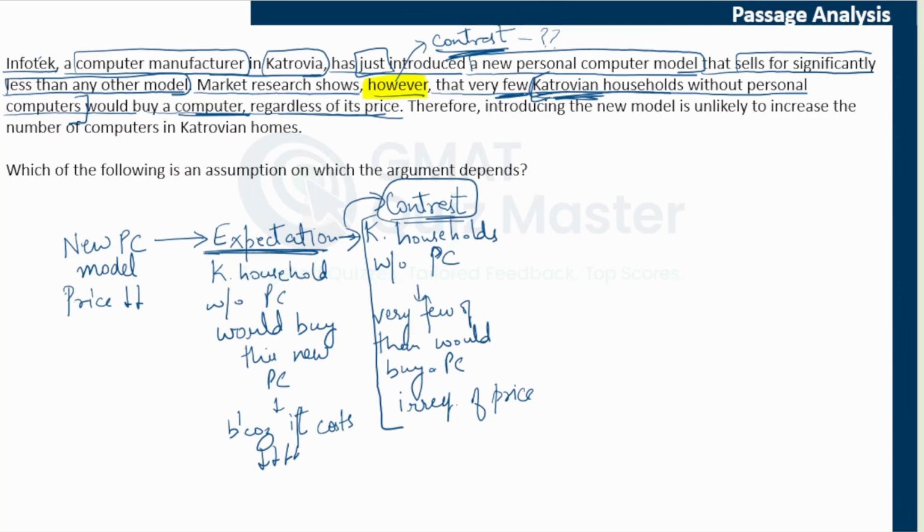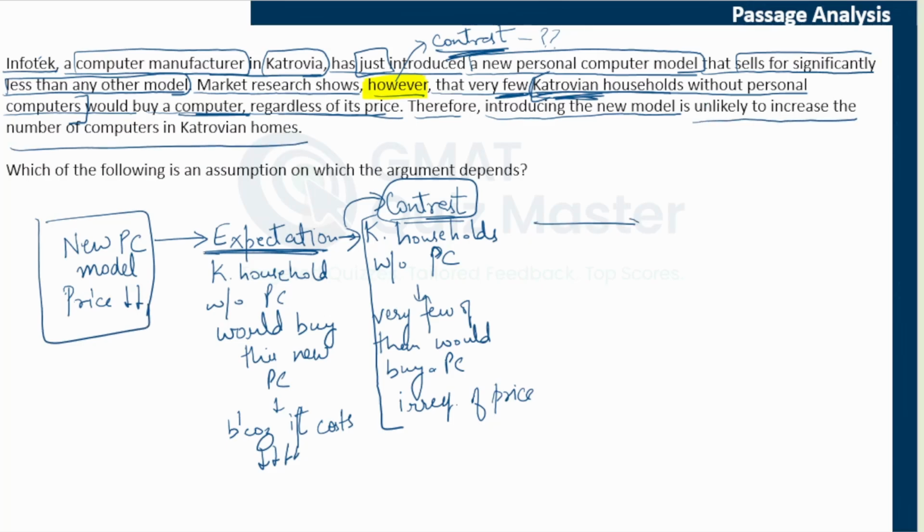All right, let's read further. Therefore, so we have our conclusion now. Introducing the new model is unlikely to increase the number of computers in Ketrovian homes. So the conclusion is that this particular action of introducing the new model is not likely to increase the number of computers in Ketrovian homes.